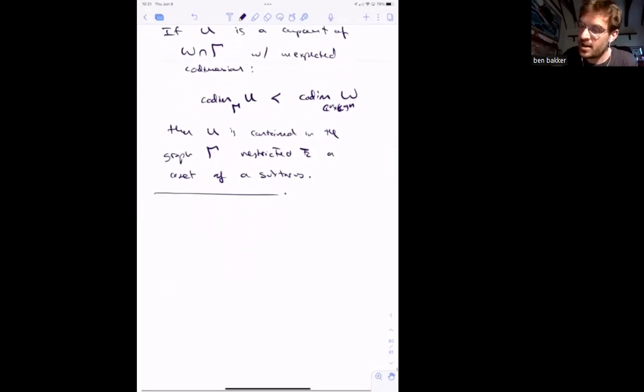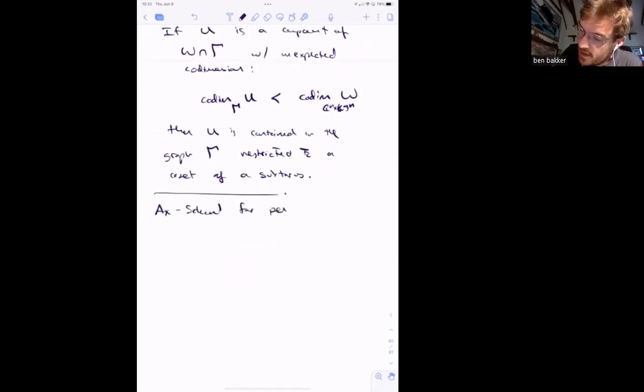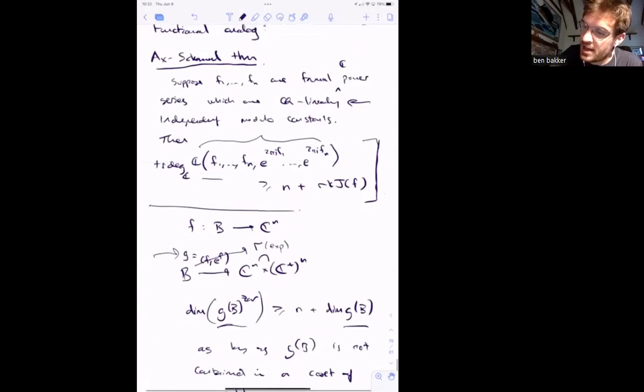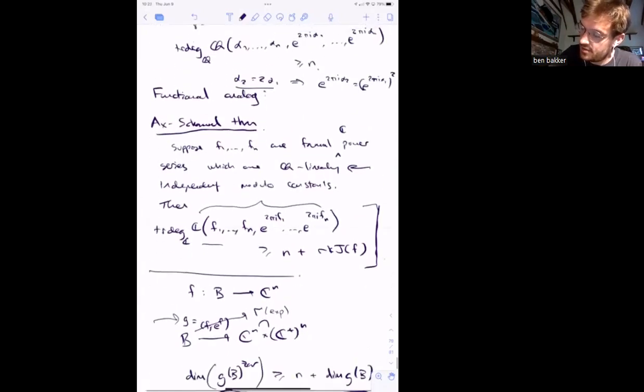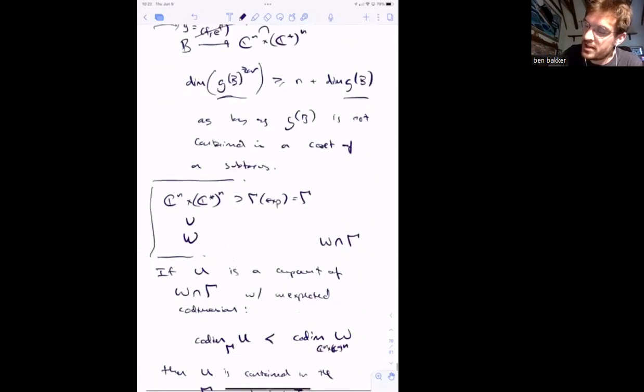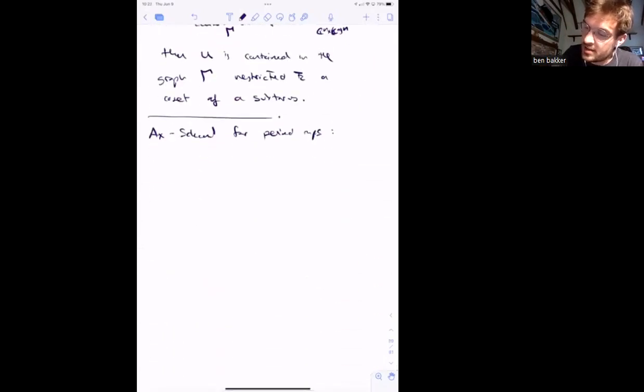So let me say a couple things, the analogue for period maps. We basically just replace the exponential here with the map from D to D mod G(Z).